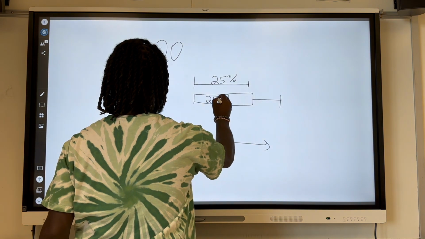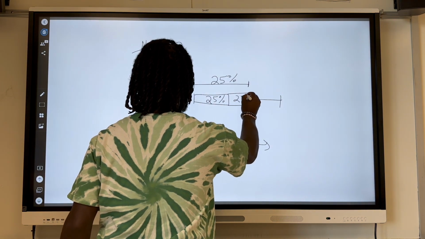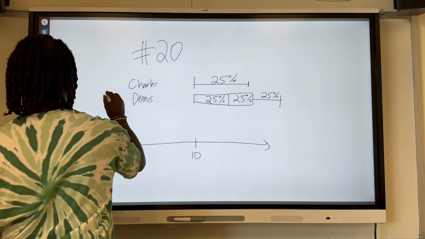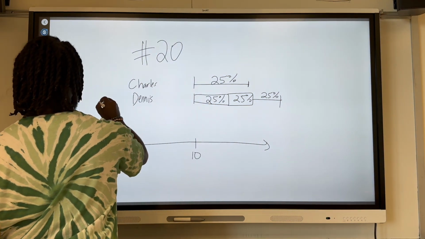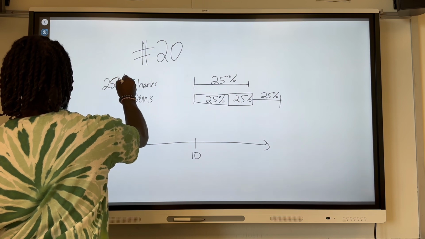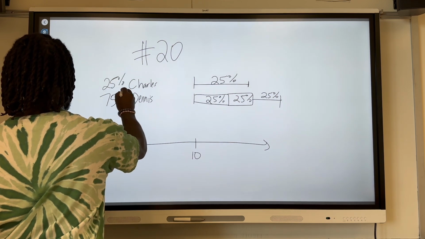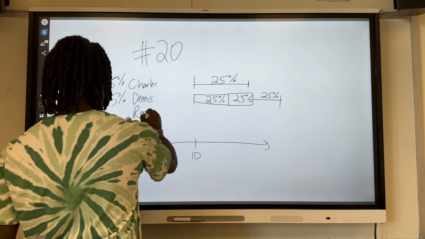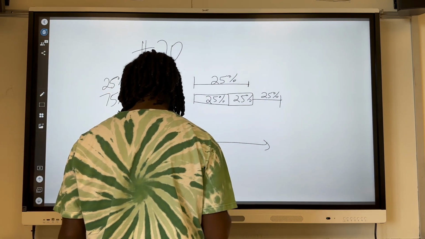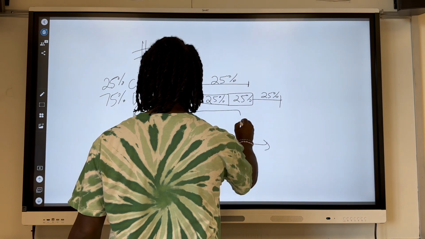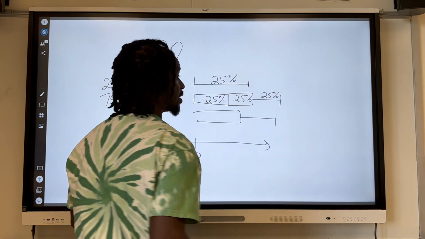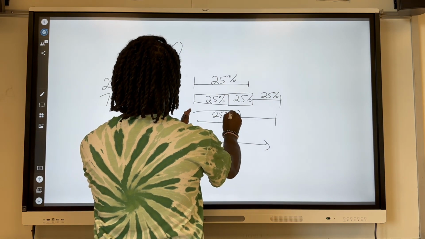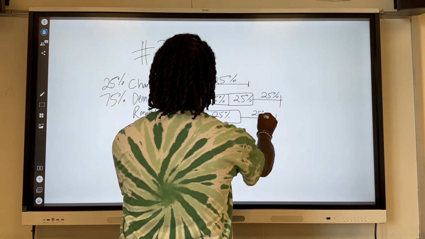Dennis had 3 parts that were above, so he had 75%. So Charles has 25%, Dennis has 75%. Ronald, shout out to Ronald, that's a good name. Ronald had 2 parts that were greater than 10, so 25% here, 25% here.